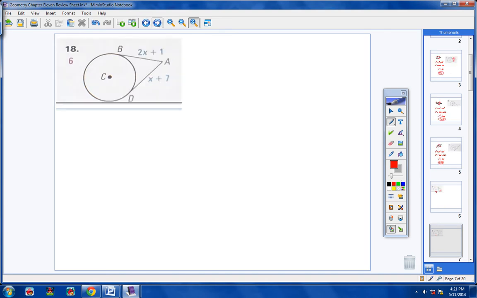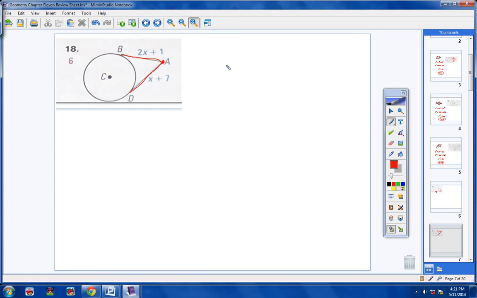Moving on to 18. Again, it's the exact same thing. This is a tangent segment. This is a tangent segment. They're both tangent to the same circle, and they both come from the same exterior point. So segment AB has to be congruent to segment AD.